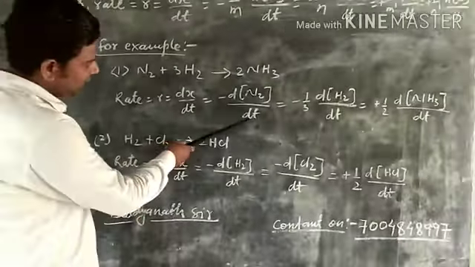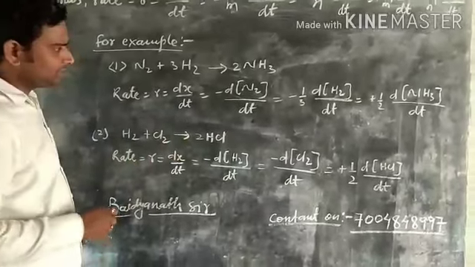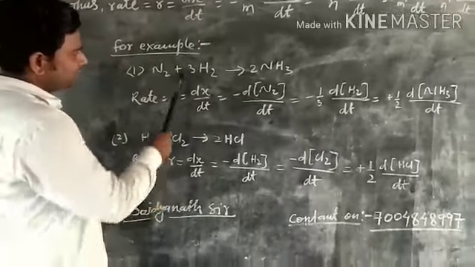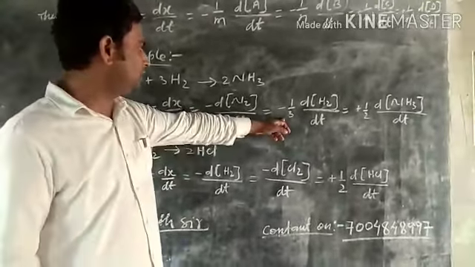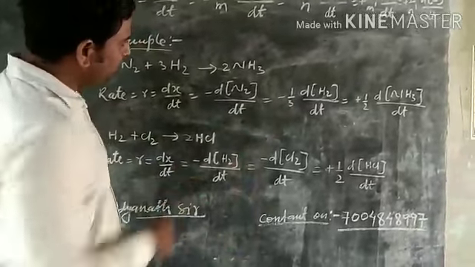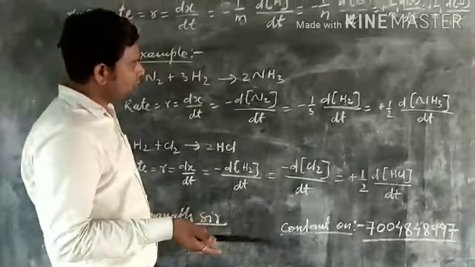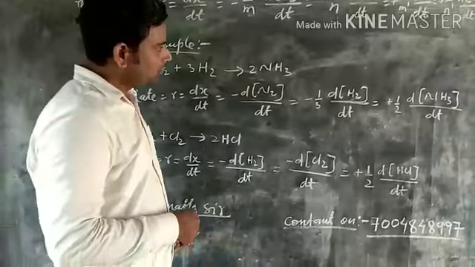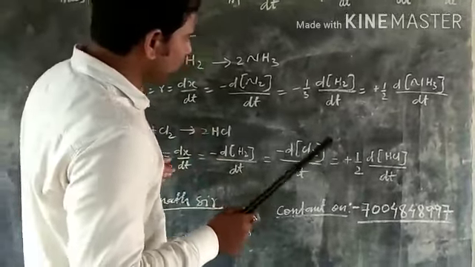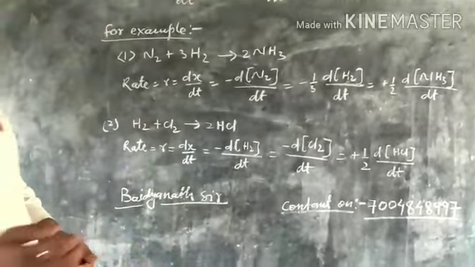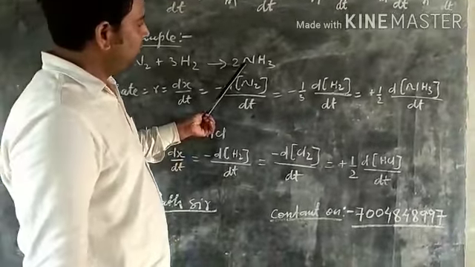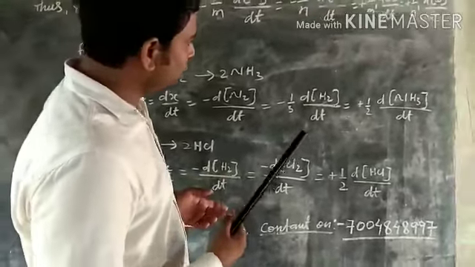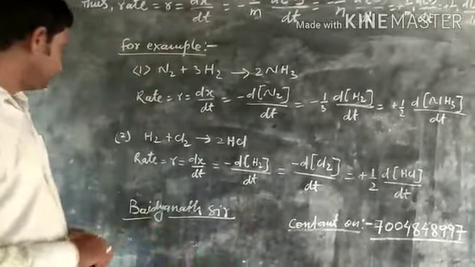The stoichiometric coefficient of H2 is 3 and H2 is reactant, so it is written in the denominator: minus 1 by 3 d[H2] by dt. The stoichiometric coefficient of NH3 is 2, so plus 1 by 2 d[NH3] by dt, because NH3 is product and its concentration increases with time.